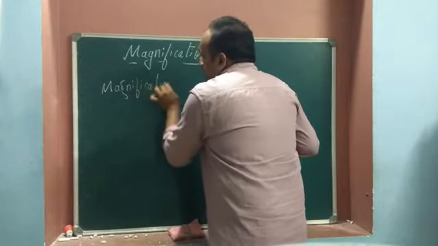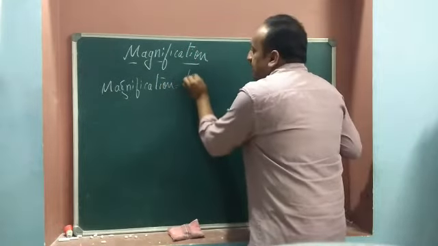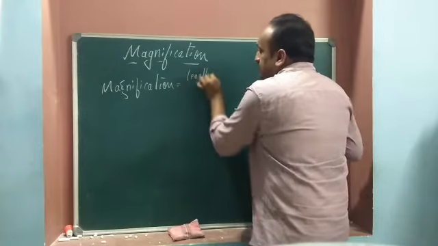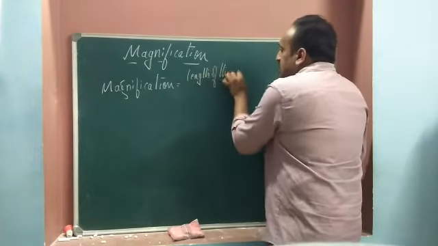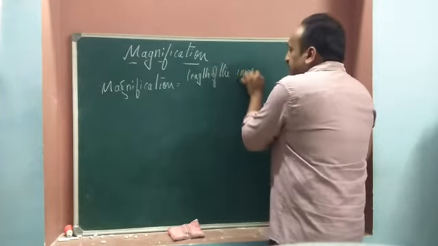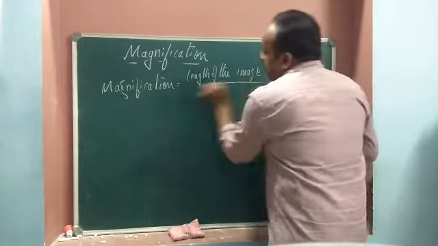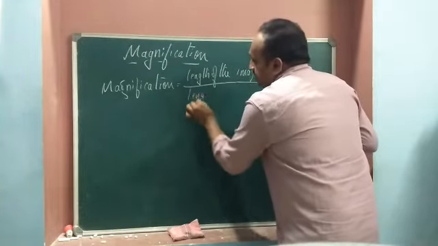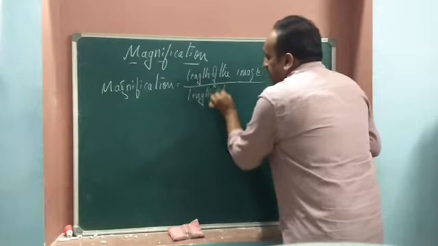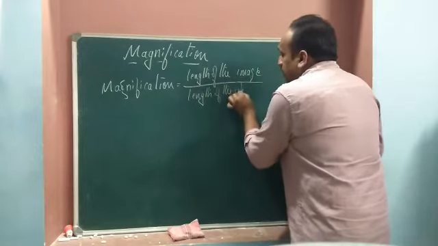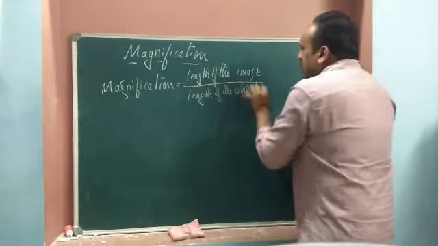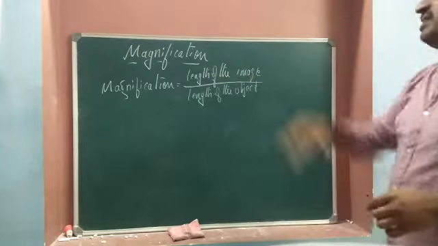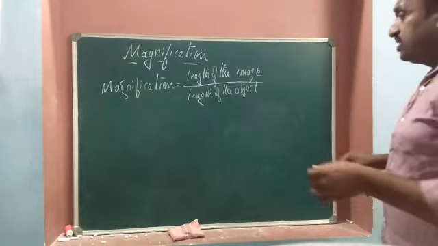Magnification is equal to the length of the image divided by the length of the object, or you can use the word height of the image divided by the height of the object. Both are the same.